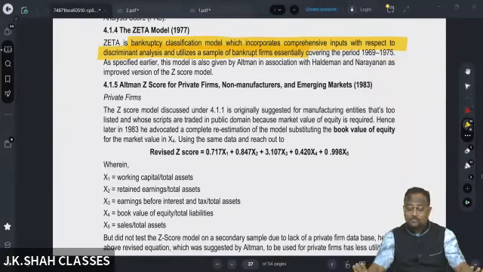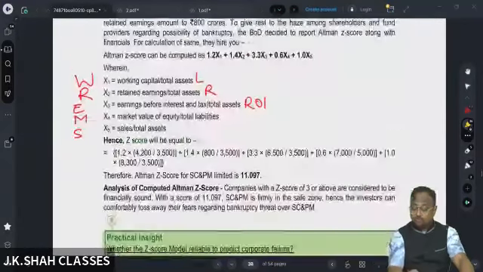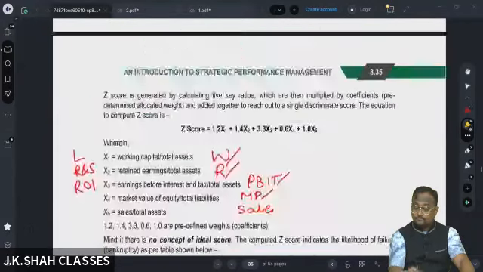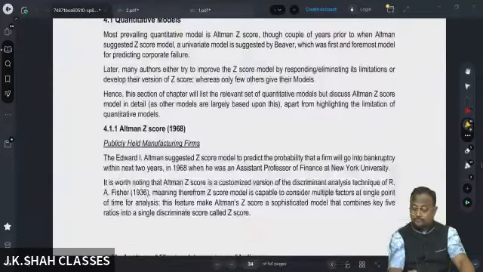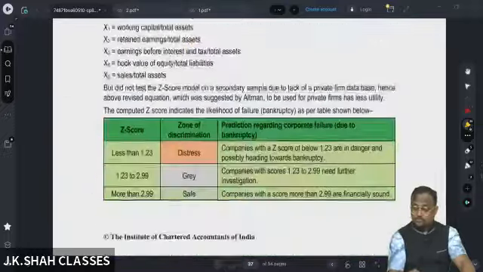They have not specified any formula. The formula comes later on for Z score for private firms. Manufacturing firms.